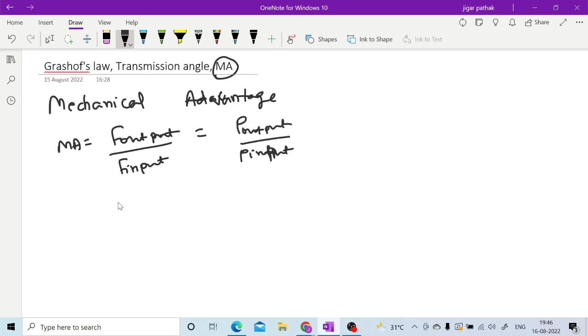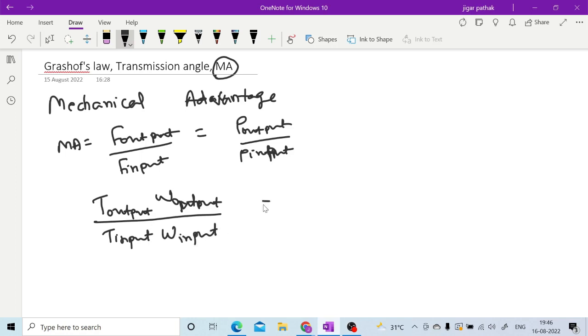So power is nothing but torque into omega, so you will have torque output into omega output, divided by torque input into omega input.